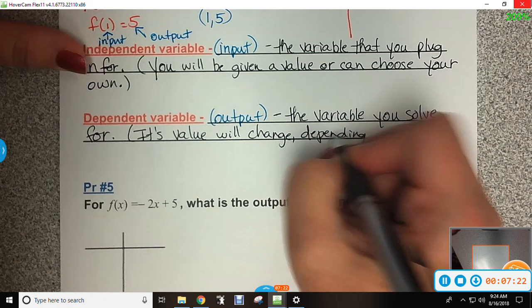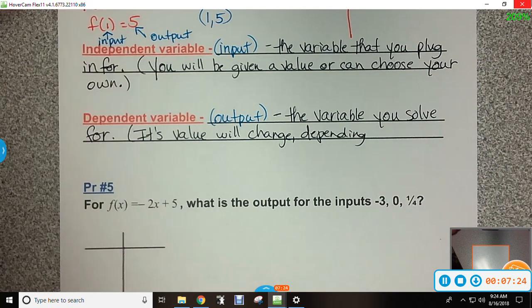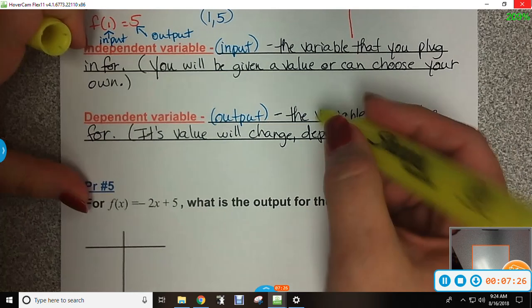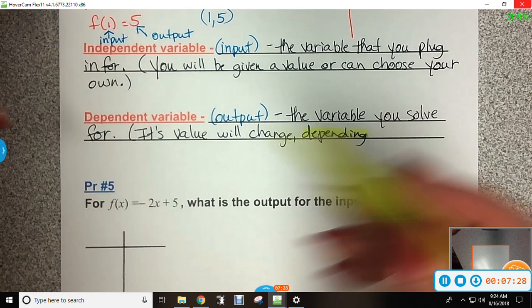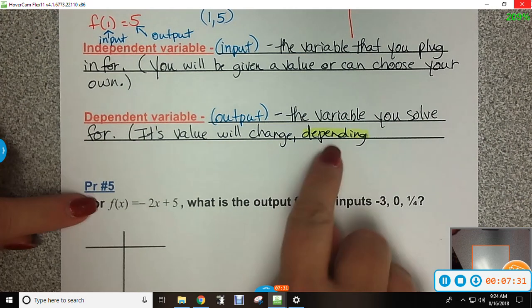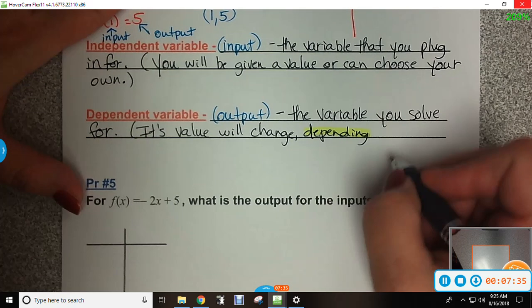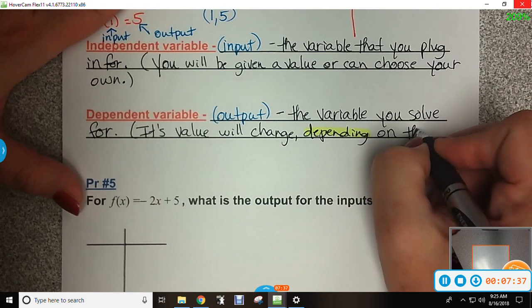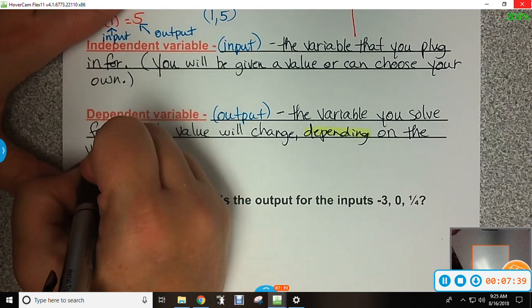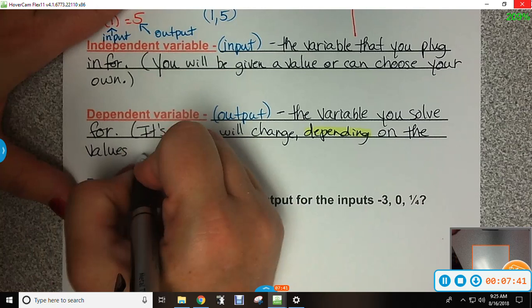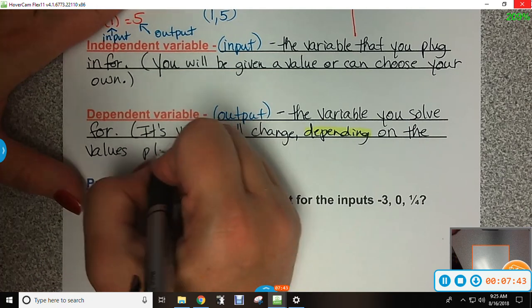Okay, and I want you to pay real close attention to this word right here. Its value will change depending. Dependent. It's going to change depending on the values plugged into the other variable.